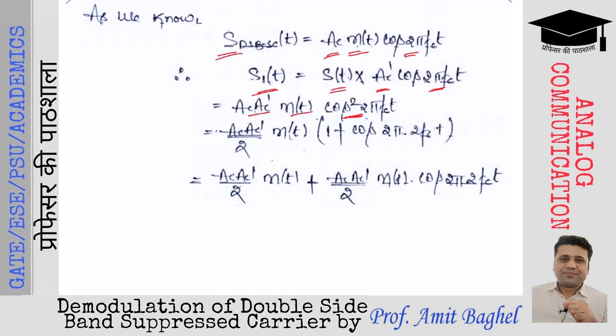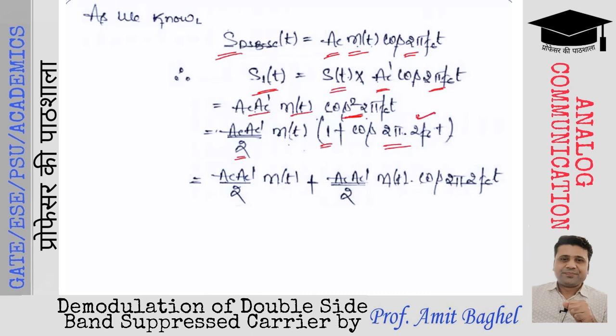In place of cos square theta, we'll write (1 plus cos 2 theta) divided by 2. Hence, the next expression will become Ac Ac' by 2 m(t) times (1 plus cos of 2 pi into 2 fc t).